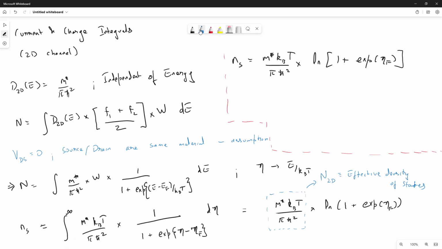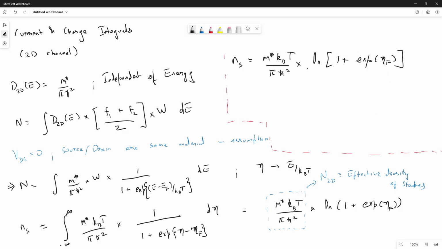In general, this integral is represented from minus infinity to infinity because technically speaking, all energy values should be taken into consideration, even the ones in the valence band. If we are setting the zero level at the bottom of the conduction band, then the bottom of the valence band will be a very low energy compared to that. So it is a good approximation to treat it as minus infinity.